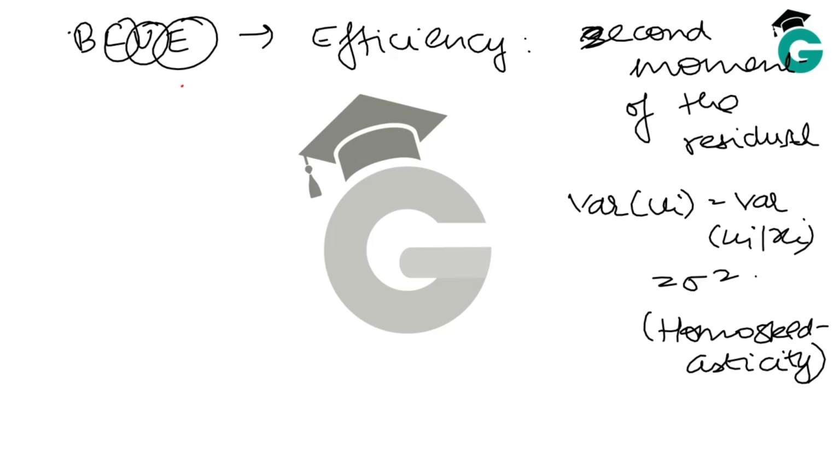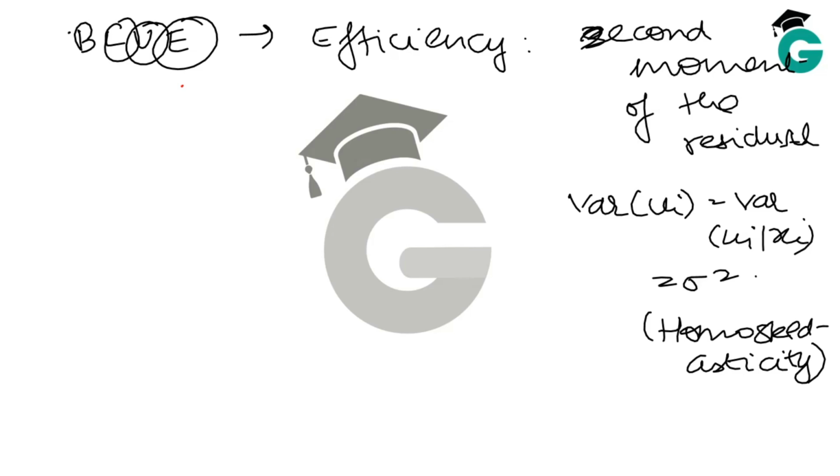So the variance of the estimator is going to be a measure of how much this value of the estimator differs from my true value or from my population parameter, which I'm trying to estimate, right? Okay, so that's the idea of efficiency here.